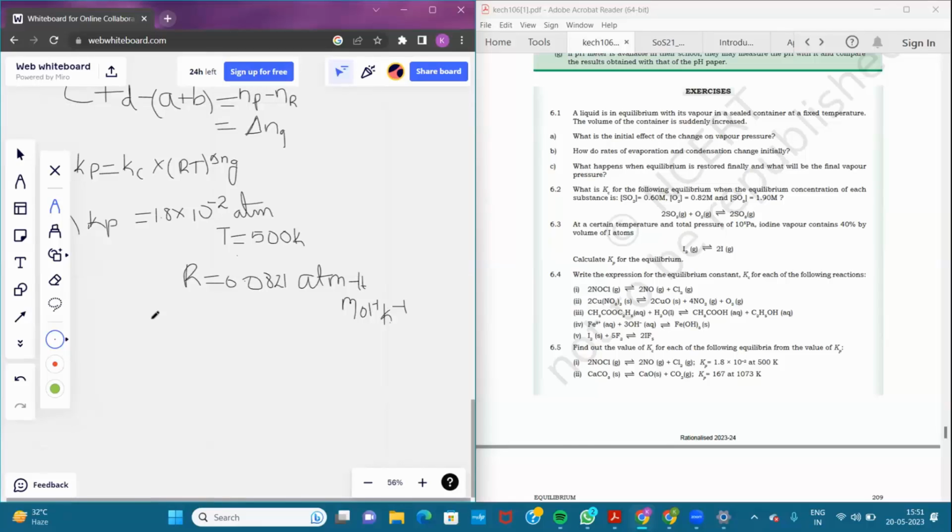So on substituting these values in the given expression, we'll get Kc for the first part as approximately 4.0 into 10 power minus 4.